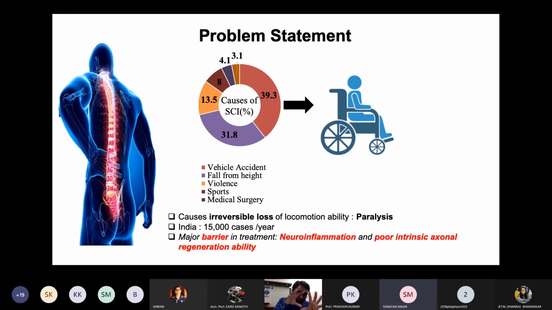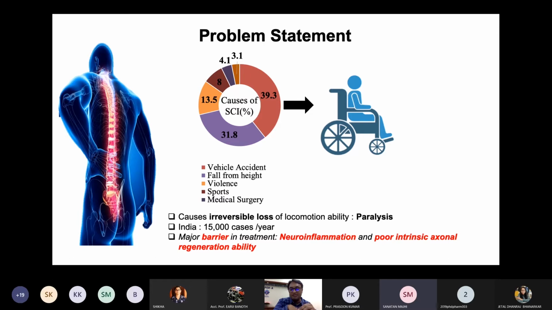If I only talk about India, around 15,000 cases per year have been seen in the last few decades, and this is an average. It looks like a small number, but the impact is really high, because it further burdens the family, the hospitals, and everywhere.